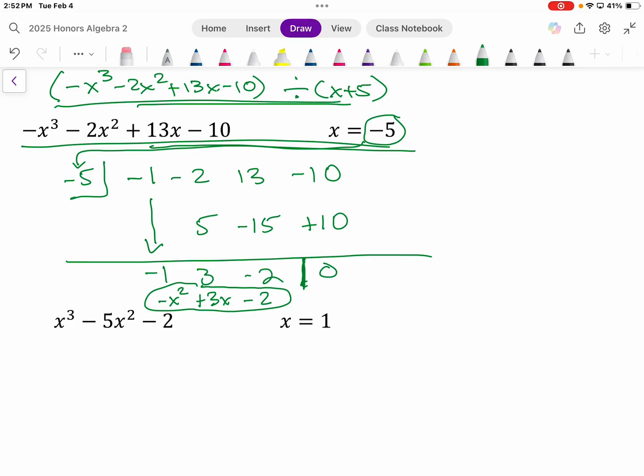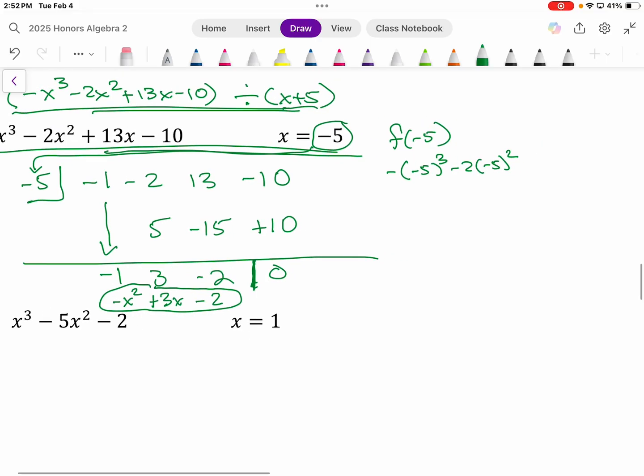Now to show you how the remainder theorem works, since we divided by x plus 5, if I do f of -5, that would be -5 cubed minus 2 times -5 squared plus 13 times -5 minus 10. That's -125 minus 2 times 25.